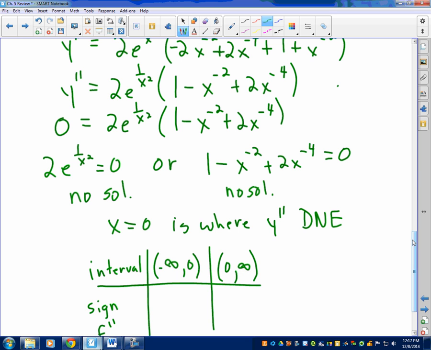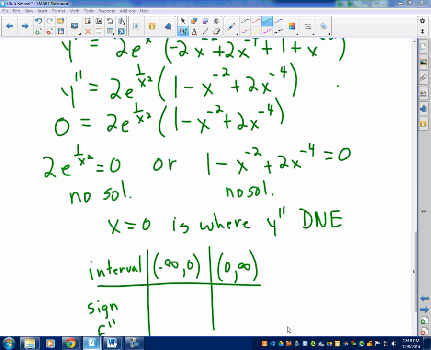And then I can talk about concavity. Now, point of inflection, it's not going to have one. Why not? Well, there may be a change. There could be a minus and a plus here, but at the change, it's not defined in the original. So it won't have a point of inflection.